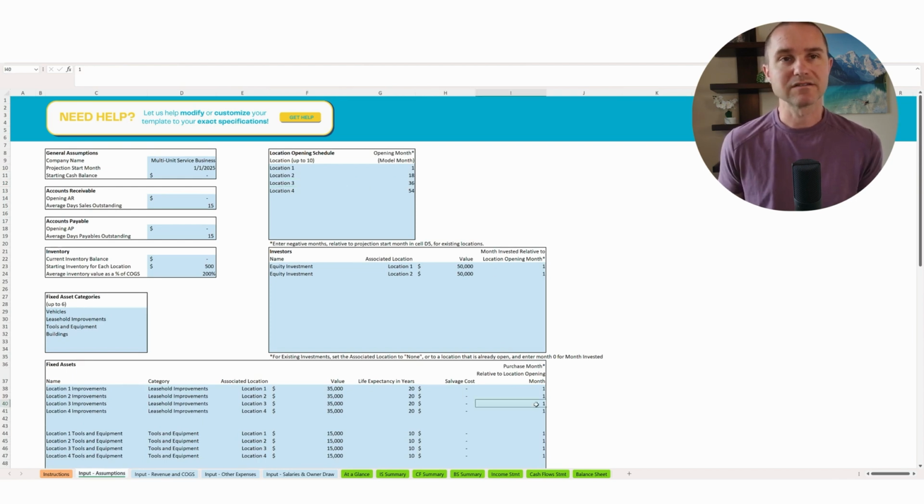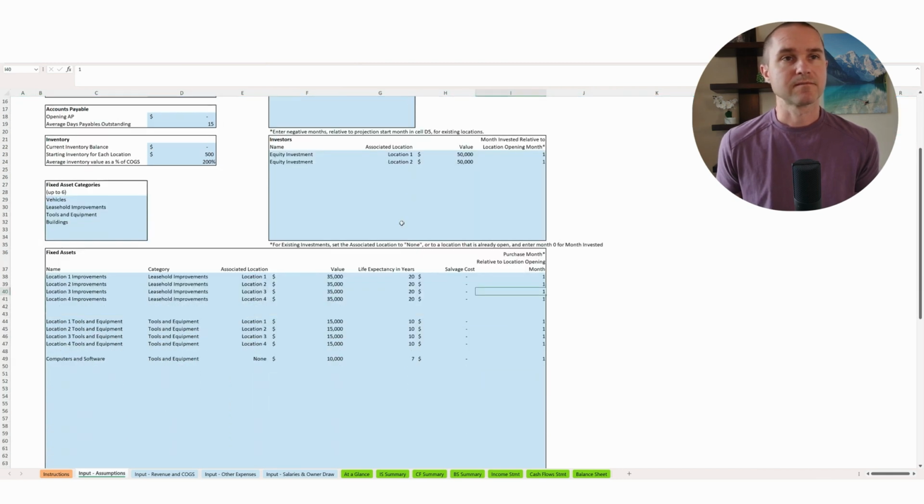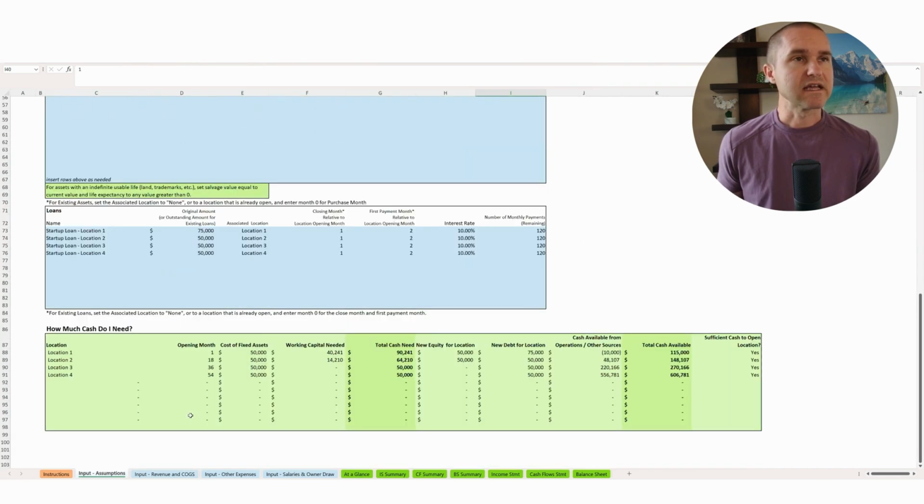So we're not going to spend this leasehold improvement money until month 36. Same thing with tools and equipment. Putting these all as month 1 just means that expense is going to happen when you start up that new location.